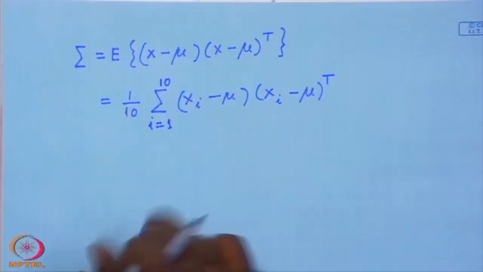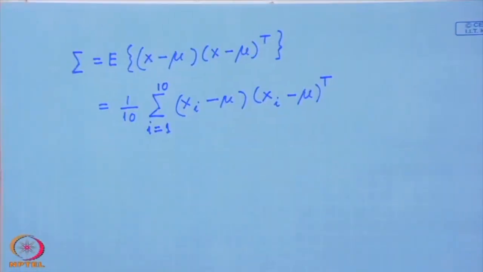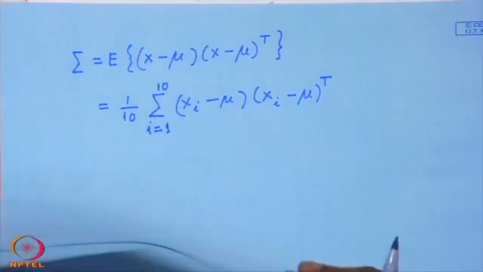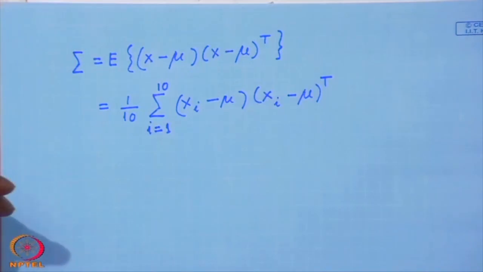Each of these x_i gives me a matrix M_i, the ones that we have computed here, M1, M2, M3 and so on. So, each of (x_i - mu) into (x_i - mu) transpose gives me a matrix M_i.